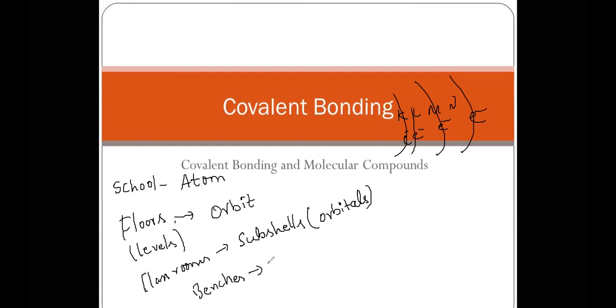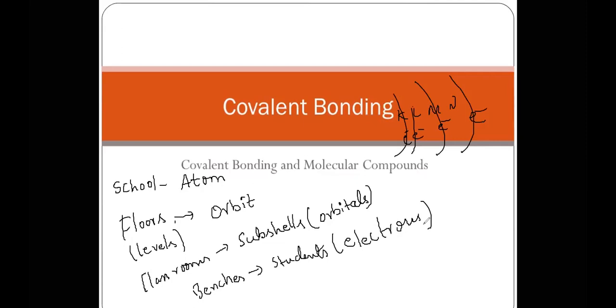Similarly, those who sit on the benches are our students. Who are these students? They are in the form of electrons. These electrons are arranged in such a manner that they occupy the particular position which is given to them, like you people take the particular place assigned to you.